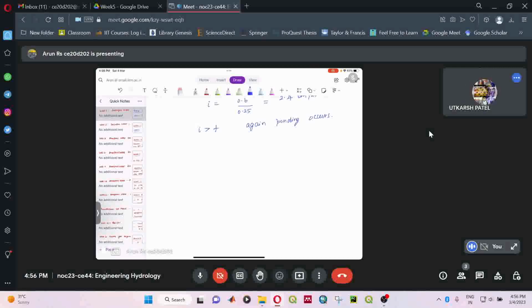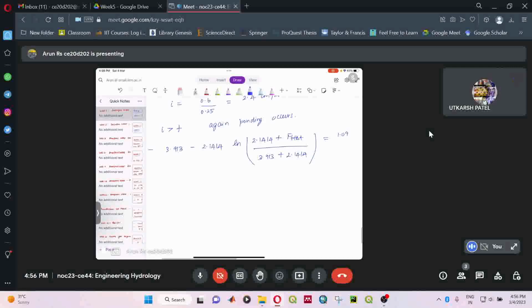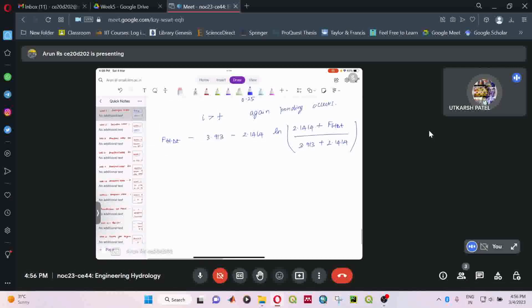So again, we have to estimate by the Green and Ampt equation, f of t plus delta t minus 3.913 minus 2.1414 into ln of 2.1414 plus f of t plus delta t divided by 3.913 plus 2.1414, which is equal to 1.09 into 0.25.